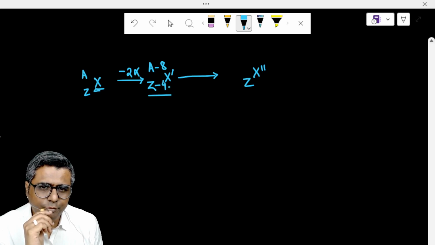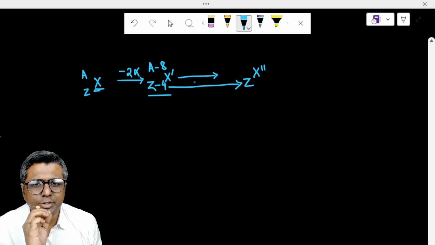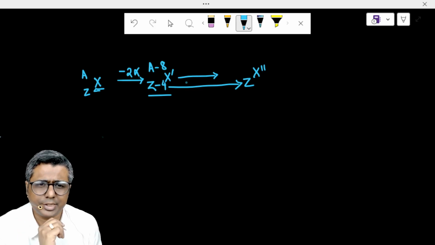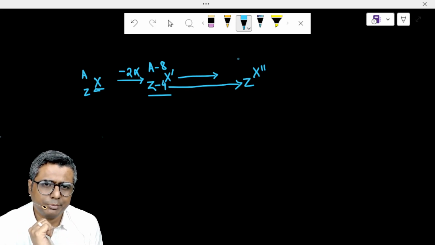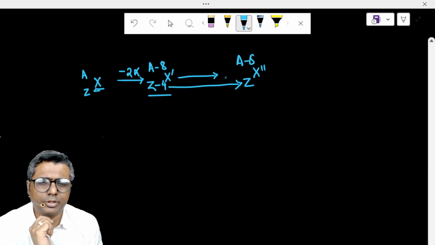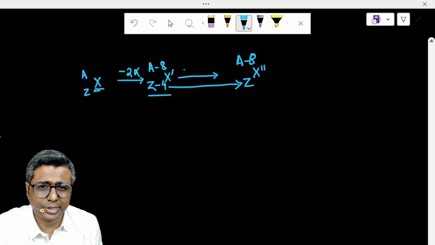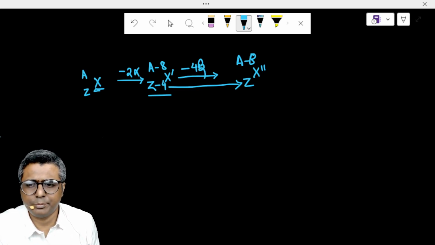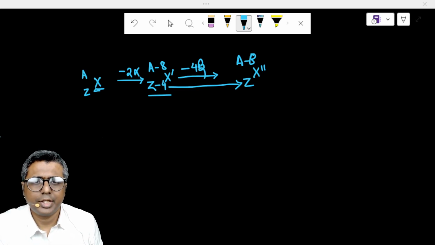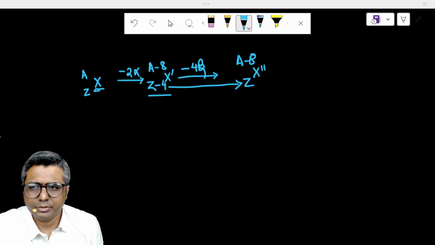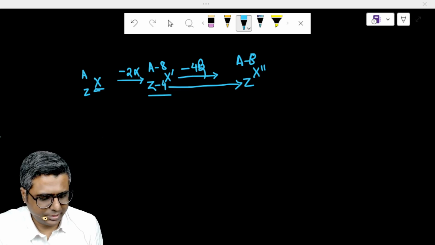From Z minus 4, if you need to reach Z, that means you have to add plus 4. And in beta radiation, only the atomic number increases. There is no change in mass number. So the mass number will be A minus 8 only, and in beta radiation the atomic number increases by 1. So we have to go for 4 beta radiations. That will be enough for our cause. Okay, so that is done. I think question number 2 is done.